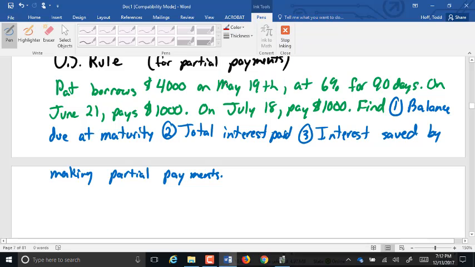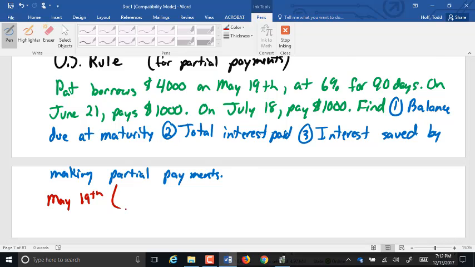Somebody pull out their magic little table on page 396 for the days of the year, please. This all starts out on May 19th, which is what day of the year?